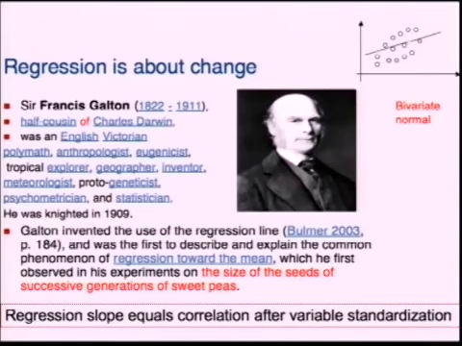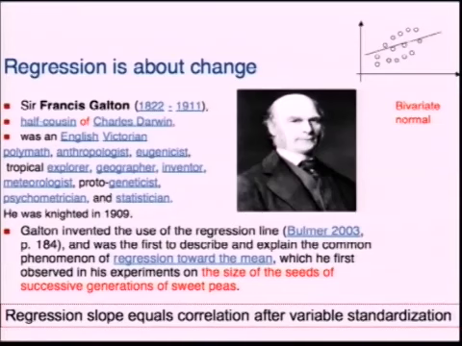Okay, so we know that regression is a theory about describing change. And this gentleman, Francis Galton, introduced regression analysis. And actually, I would like to point out, in case people forgot, he is a half cousin of Charles Darwin.